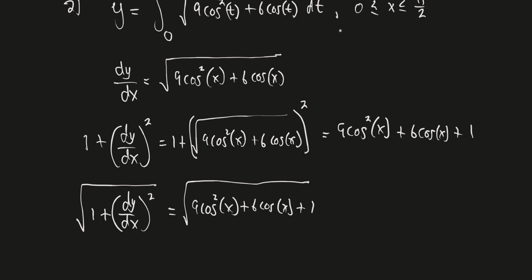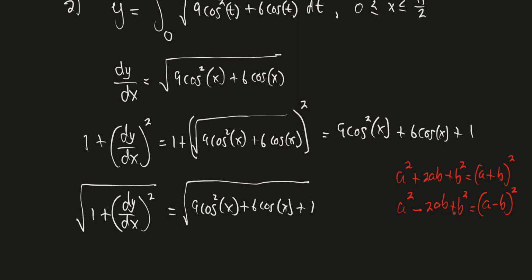And remember, the form of a perfect square is, if it looks like a squared plus 2ab plus b squared, that always factors as a plus b, that quantity squared. And if you have a squared minus 2ab plus b squared, that factors as a minus b squared.